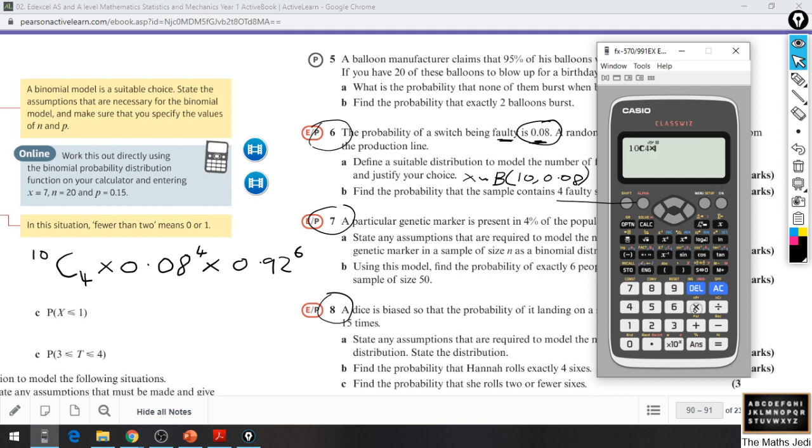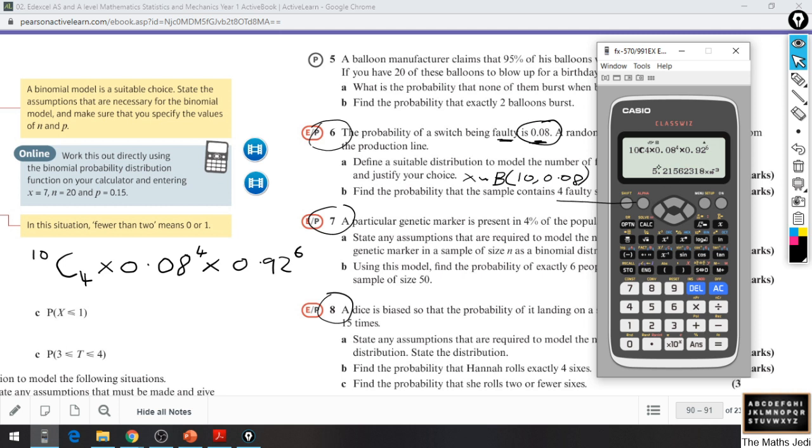We're going to multiply it by 0.08 to the power of 4. And we're going to multiply that by 0.92 to the power of 6. Be careful how you note it all in.